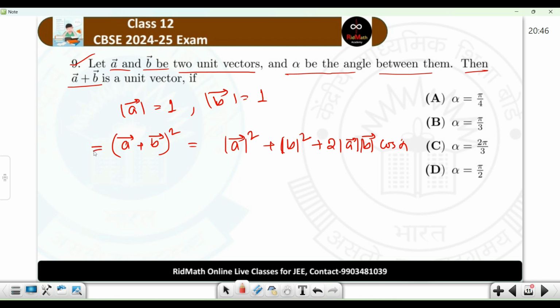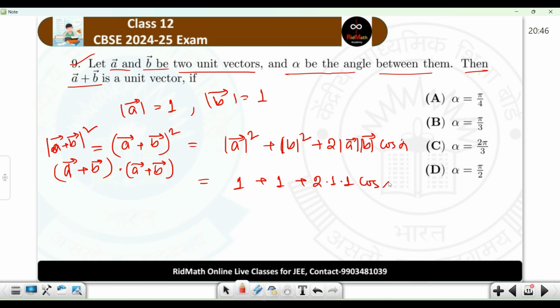And you can write this as A vector plus B vector whole square, or A vector plus B vector dot A vector plus B vector. Same thing. So this is equal to 1 plus 1 plus 2 into 1 into cos alpha.